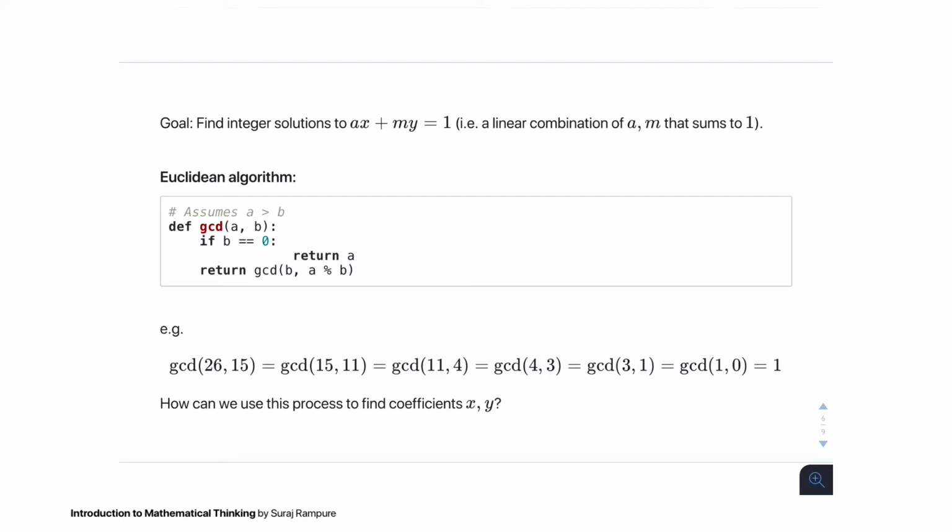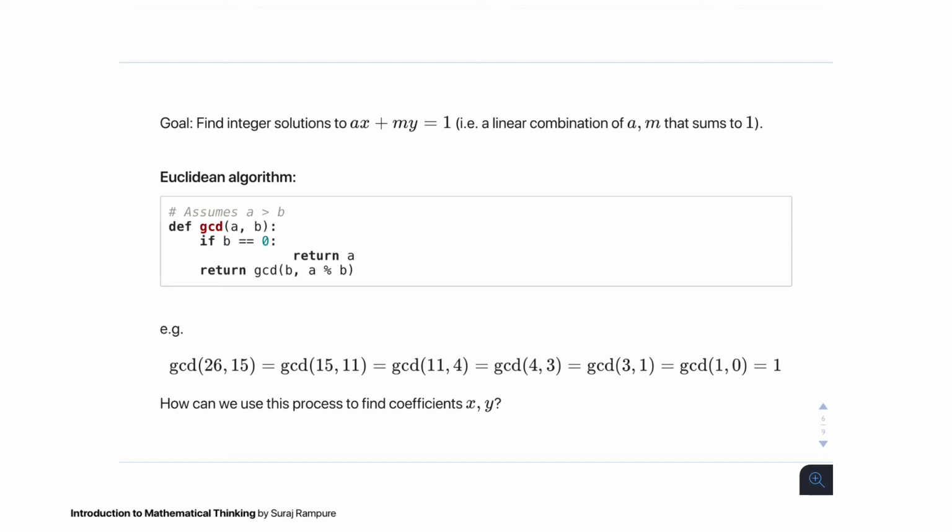Okay, so we won't talk about why this is true at this time, but let's just assume that it holds for now. Okay? So what I want to do is look at finding the greatest common divisor between 26 and 15 using this algorithm. And we know that the greatest common divisor of 26 and 15 should be 1, right? Because 26 is 2 times 13, 15 is 3 times 5. None of those are in common. So the greatest common divisor will be 1.